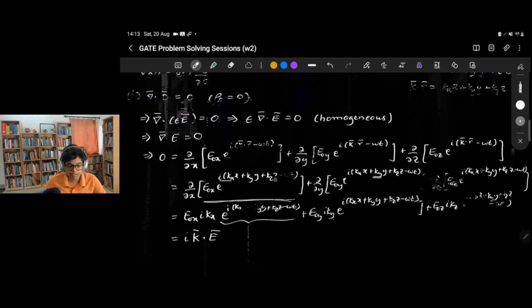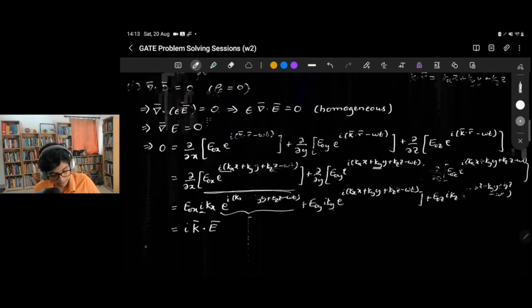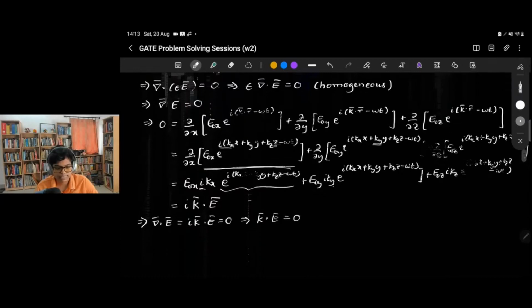So this is nothing but k dot E, and this I term is there in all of them. So what you get is del dot E is equal to I k dot E, which is equal to 0, which implies that k dot E is equal to 0. So from the first equation, we get k dot E is equal to 0.